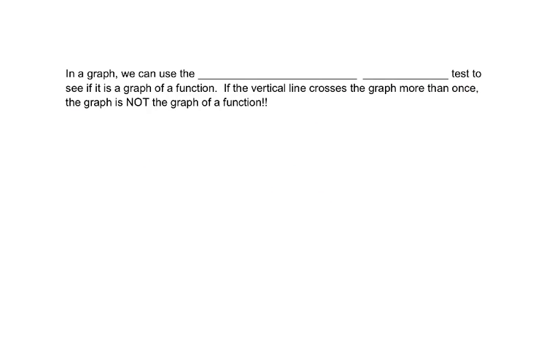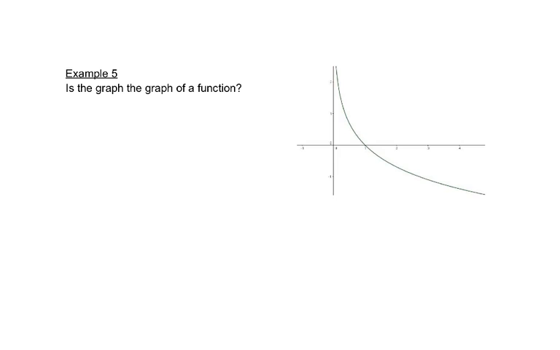On a graph, we use the vertical line test to see if the graph is a function. If a vertical line crosses the graph more than once, the graph is not a function. So here the idea is if I draw a vertical line, a straight up and down line, any place I want, it's only crossing that graph in one spot.